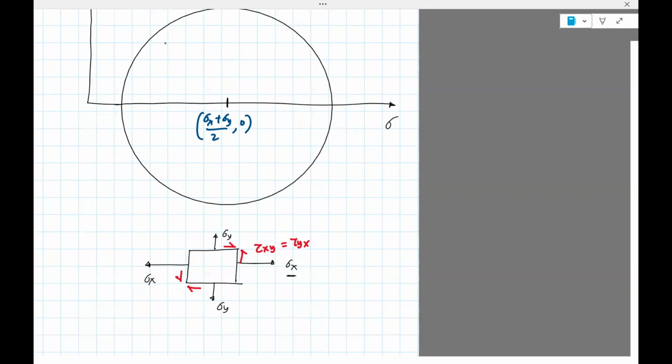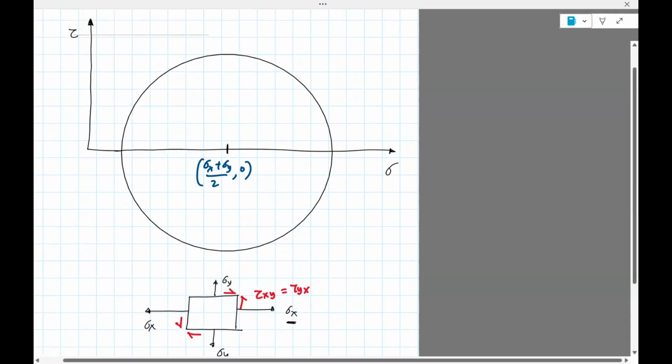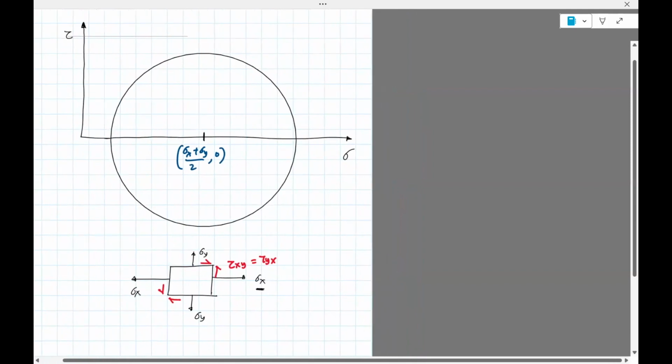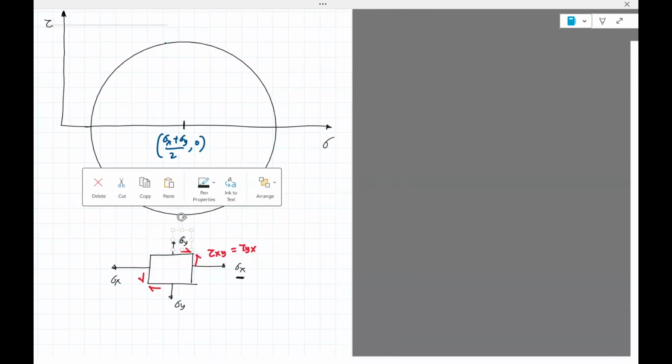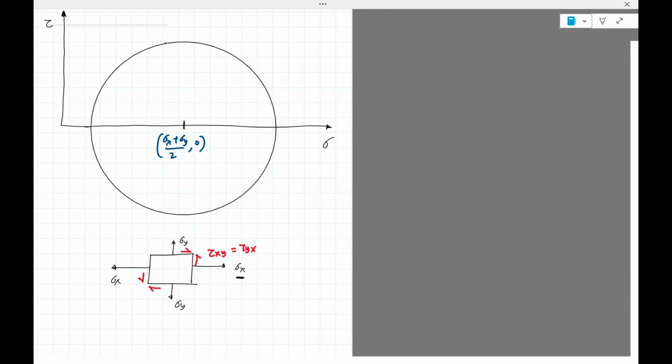So what you can do here is plot these values on the circle, because after all, this is a circle on the sigma-tau axes. Take sigma x, let's say it's this point. Now there's a convention I'm going to use.